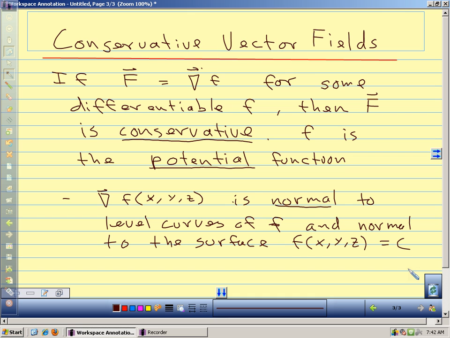So del f is going to give us a normal vector. That's going to be one of the important properties that we use when we're talking about vector calculus, that our gradient is normal to a level curve.